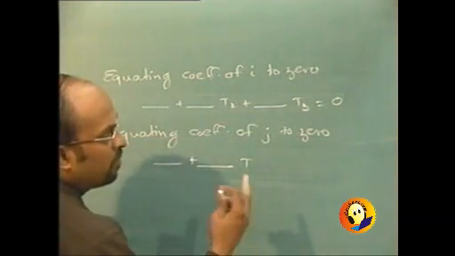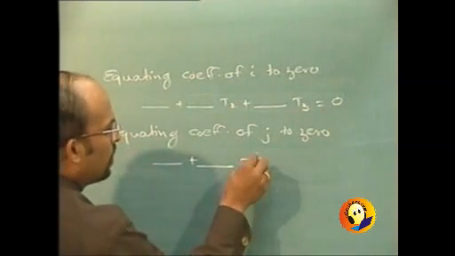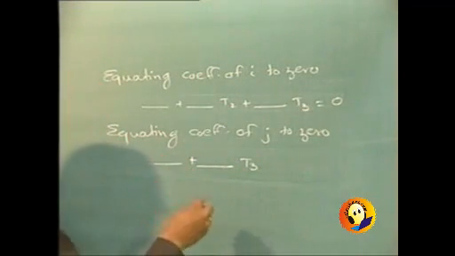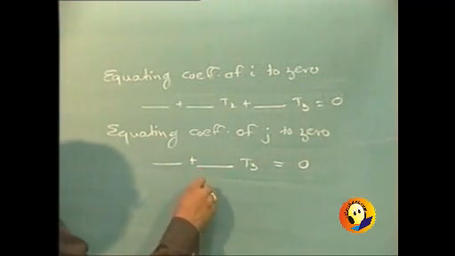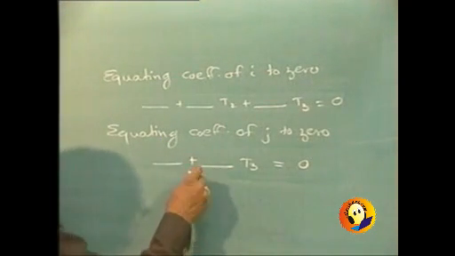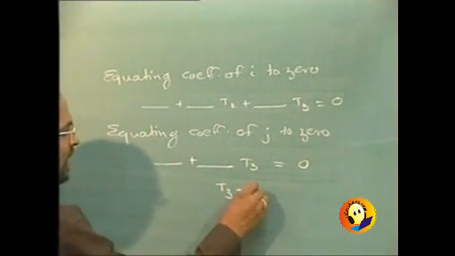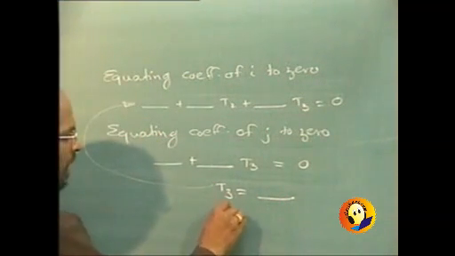There will be a term of T3. T3 doesn't have J. So from this second equation, actually we are required to solve these two simultaneously, but as there is no T2 in the second equation, we will directly get T3 from here, which we can substitute in the earlier equation and find out T2.